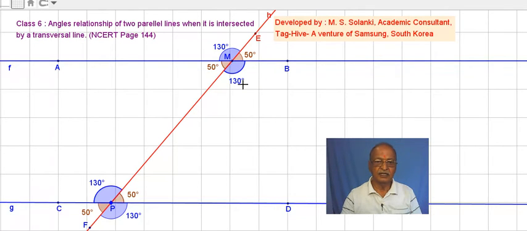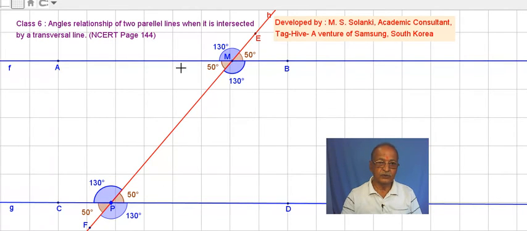And third, the sum of the interior angles on the same side of a transversal line is 180. This 50, same side, left side of this transversal line. The sum of the interior angles on the same side, left of the transversal line, is 180. Left of the transversal line is interior, not outside.